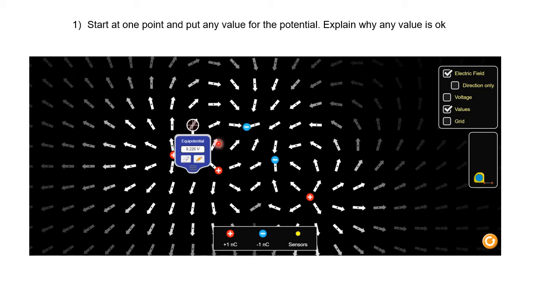That's why you can choose any value you want for the potential at that point. This particular software chose the value of the potential based on the fact that the potential is 0 at infinity, but you don't have to do that. You can choose any point to start with, and any value of potential to start with.